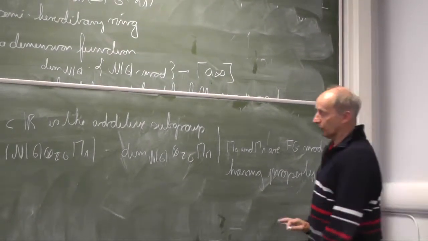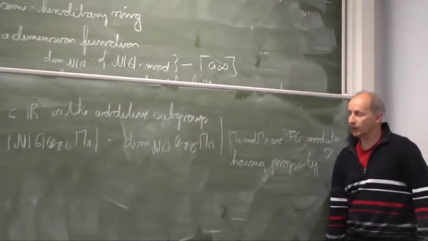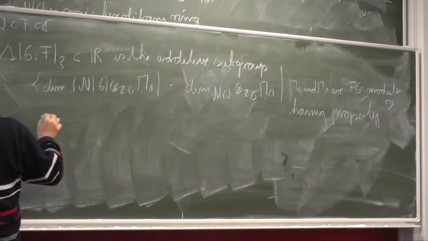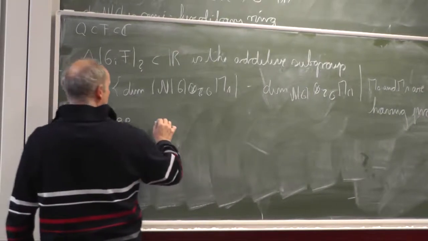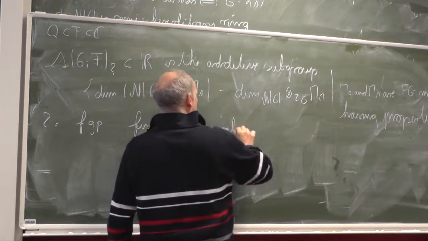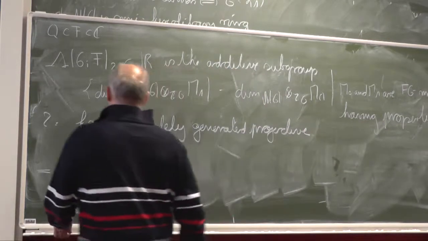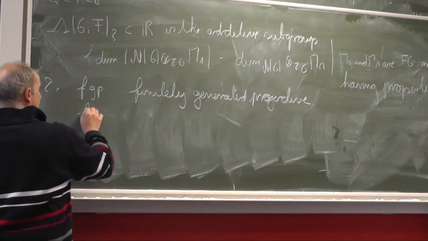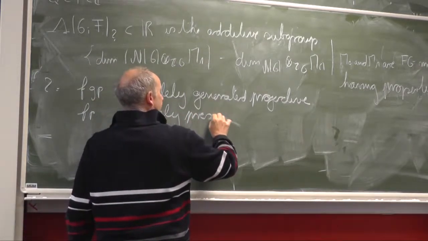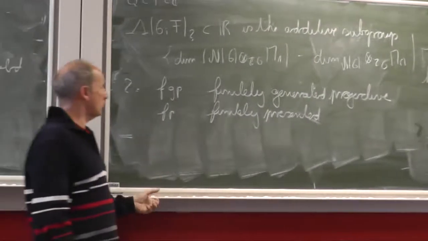Right? So, of course, the weaker this condition is, the larger the group will be. And what are the things we would like to investigate for this question mark? There are the symbols FGP. I will remind you always when I use it. It's finitely generated projective. That's the smallest class. I could also write FP, which stands for finitely presented. And this will be the class we want to investigate later, because this comes from geometry.